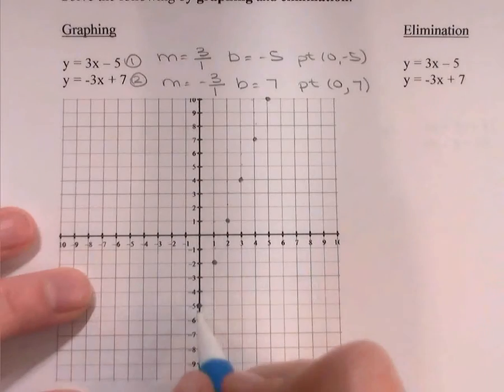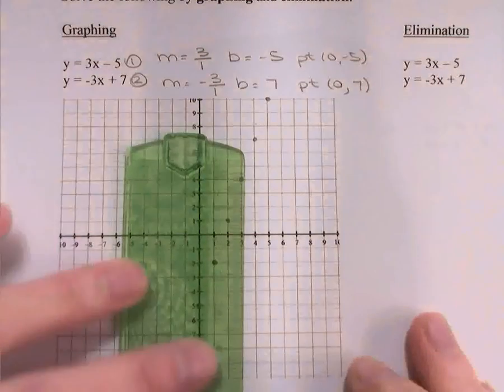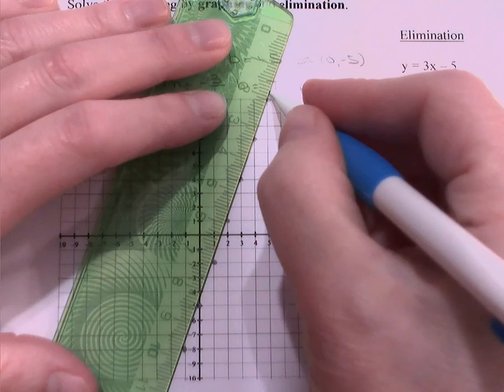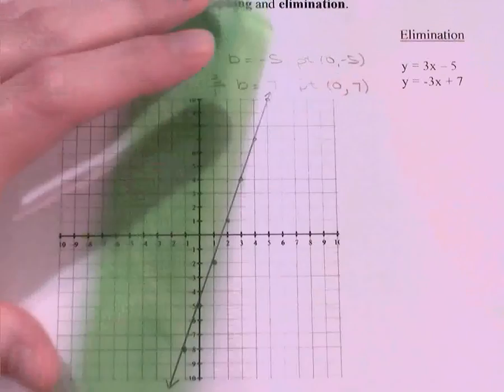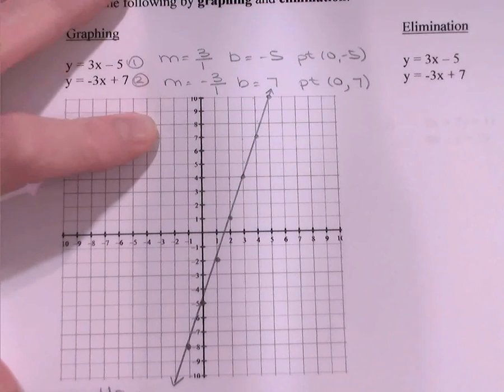And then I can reverse it and follow the pattern in the other order: down 1, 2, 3, and back 1. And then I'll take my ruler and I'll join the points together. And then I can label the equation.